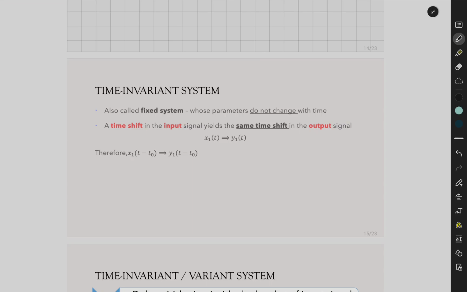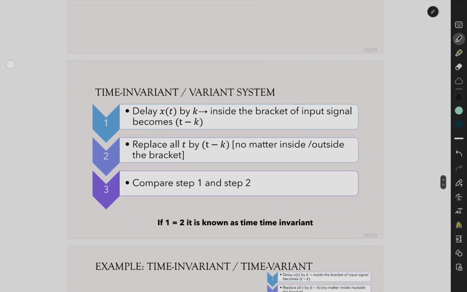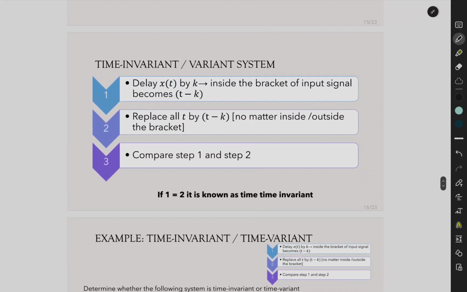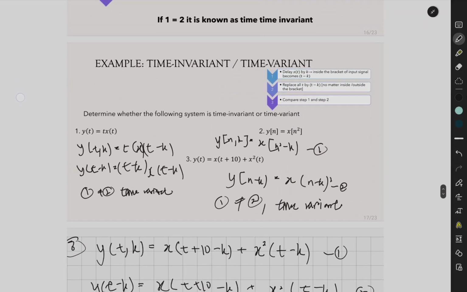When we say time invariant, it means the time is not changing. The input signal at a specific time will produce the output signal at that specific time, so there is no future value or other value.